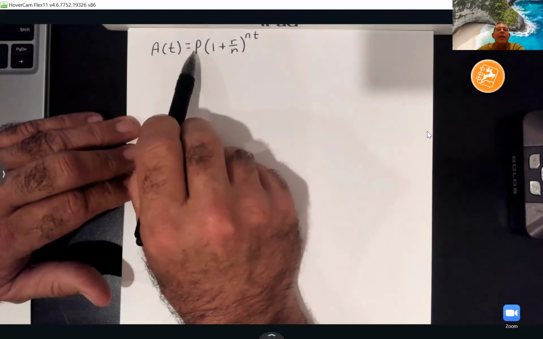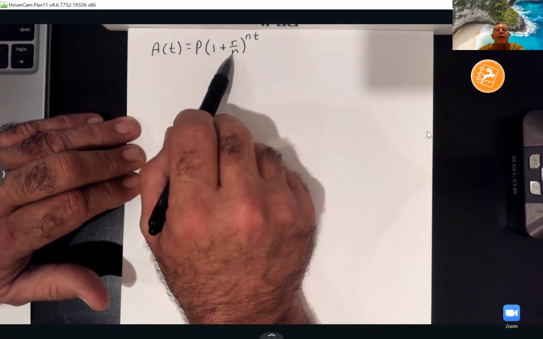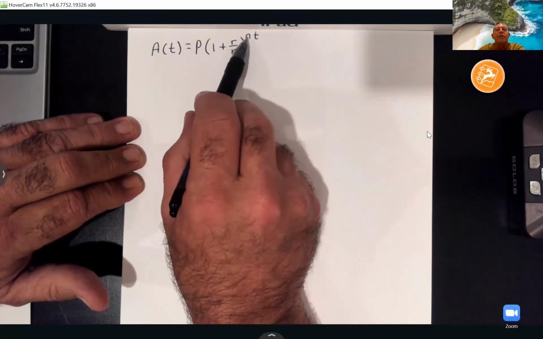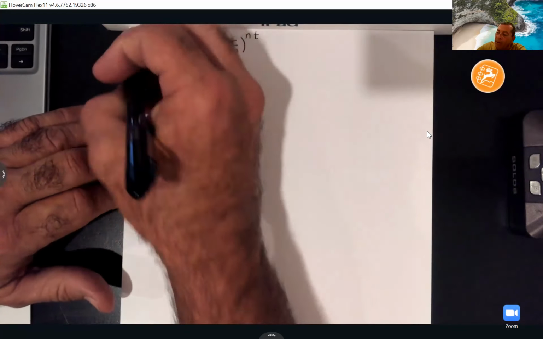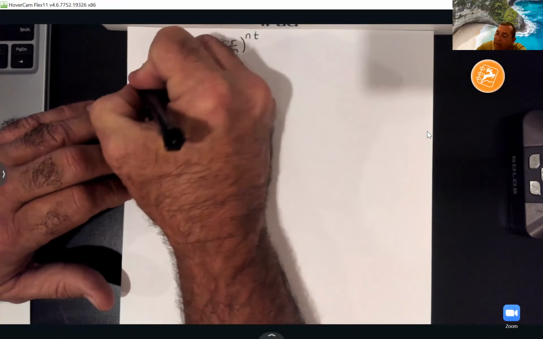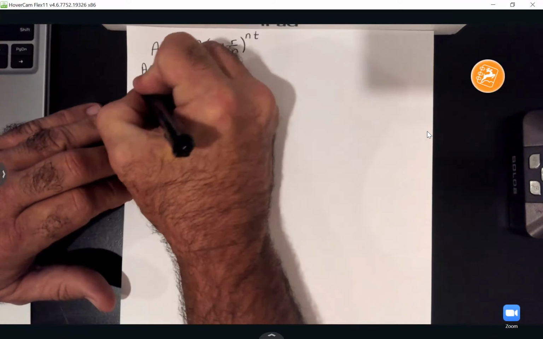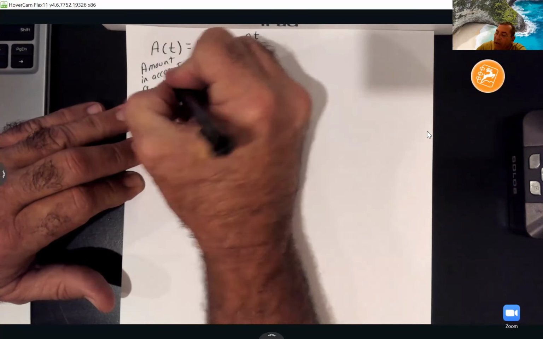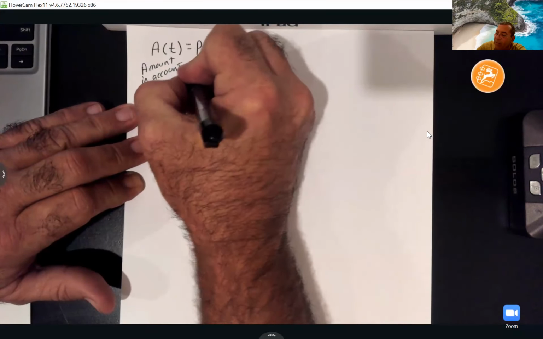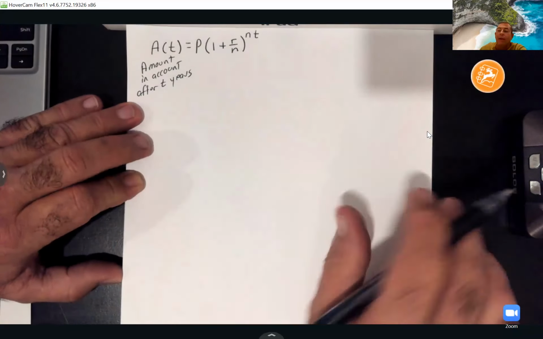So A of T equals P times (1 plus R divided by N), all raised to the N times T. Y'all, A is the amount in the account after T years. So T represents time in years, okay?